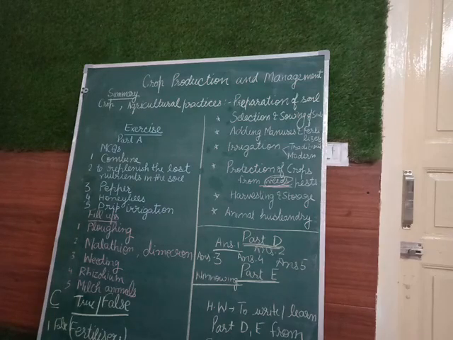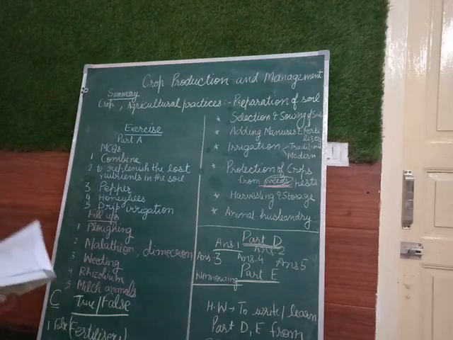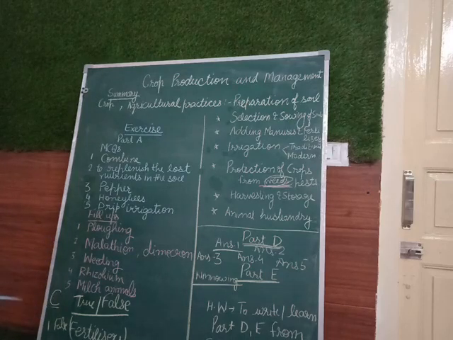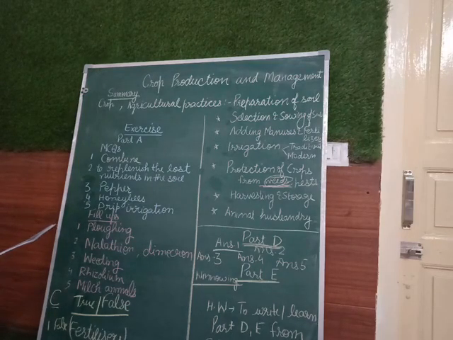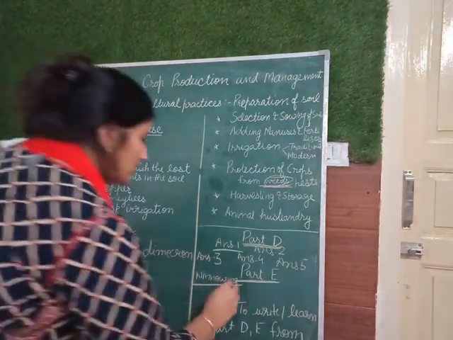Why should we level the field? Leveling is done to break the big lumps of soil and make the field even before sowing the seeds. And second, it is done for uniform distribution of water.